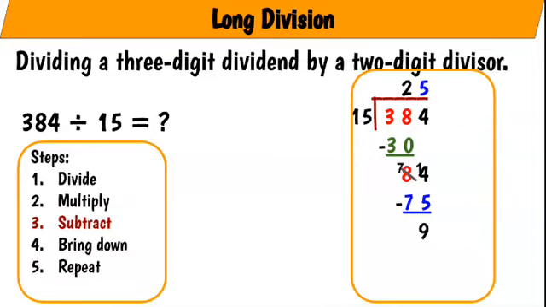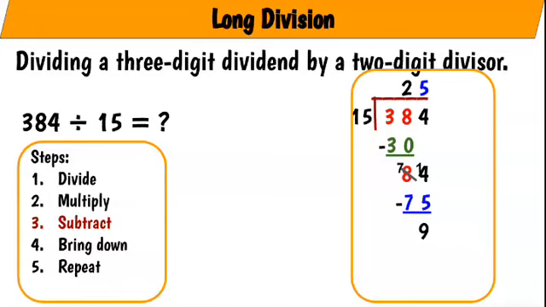So there's no other number to bring down. So this means that our sum has ended. And since we have 9, and 9 is less than our divisor 15, that 9 will be our remainder, because we have no more numbers to bring down.